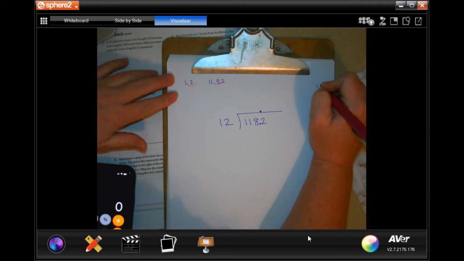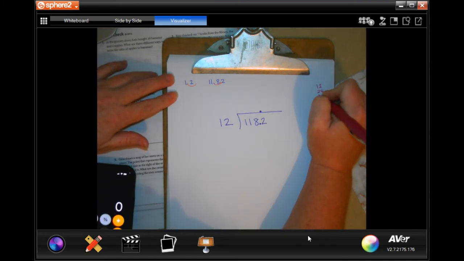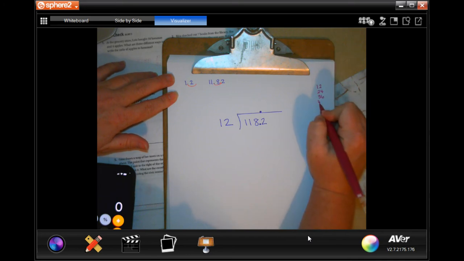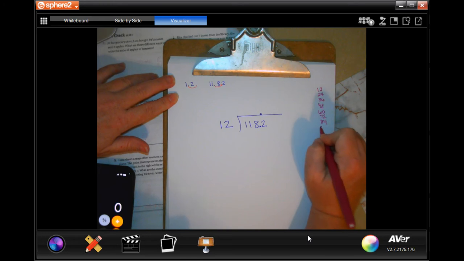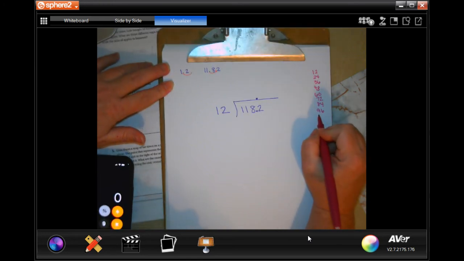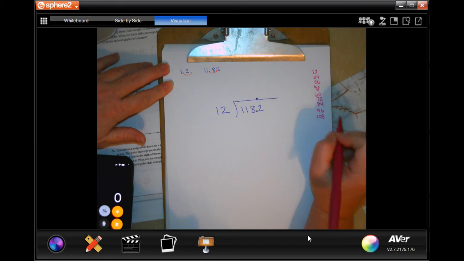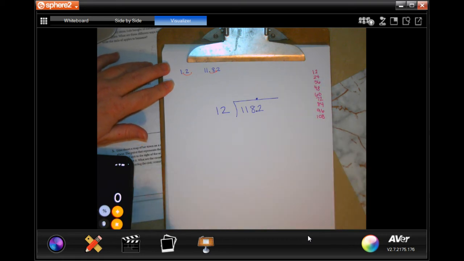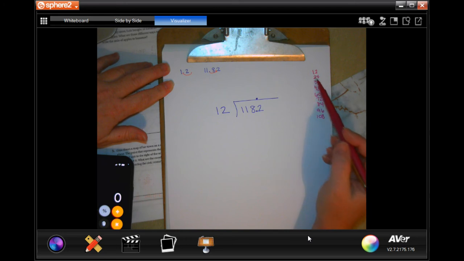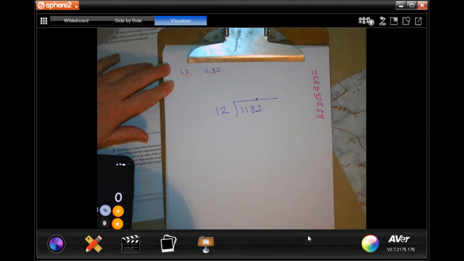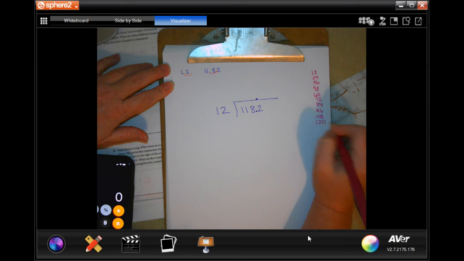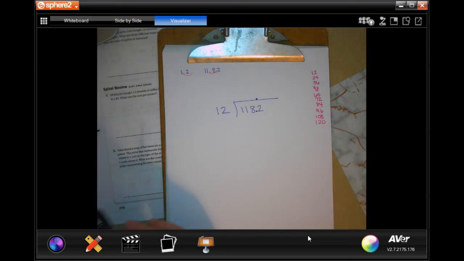So I know 12, 24, 36, 48, 60, 72, 84, 96, 108, I think. And then 120. So maybe I do know my multiples of 12 high enough up. So we're going to come over here.